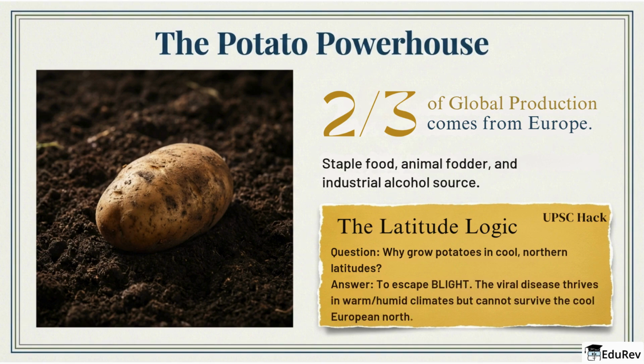Because of blight. Blight is the disease you need to remember. It thrives in warm, humid conditions, but struggles in the cooler north of Europe. So the latitude logic is not random. Cooler conditions reduce disease pressure and improve reliability. That is the kind of reasoning UPSC rewards.